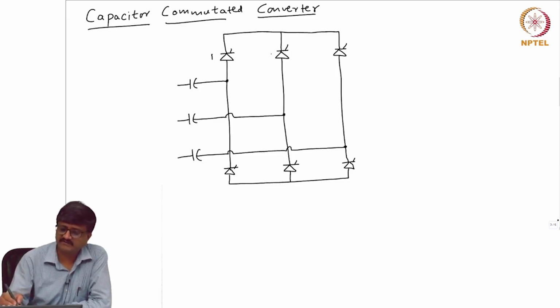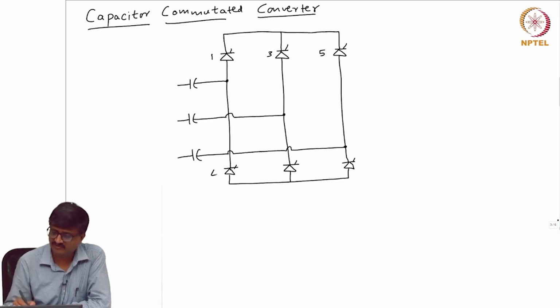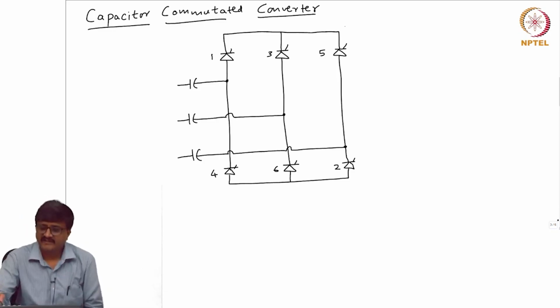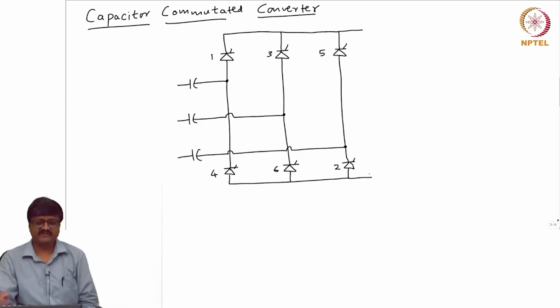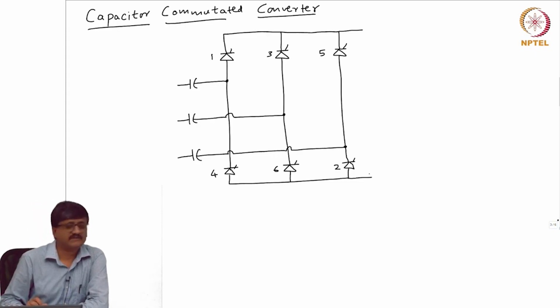I will call these valves 1, 3, 5, 4, 6, 2. There are 2 terminals on the DC side, and 3 terminals on the AC side. So, this is the circuit of a capacitor commutated converter. In addition to the 6 thyristor valves, you have 3 capacitors.